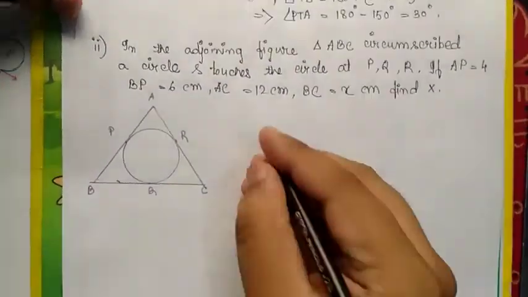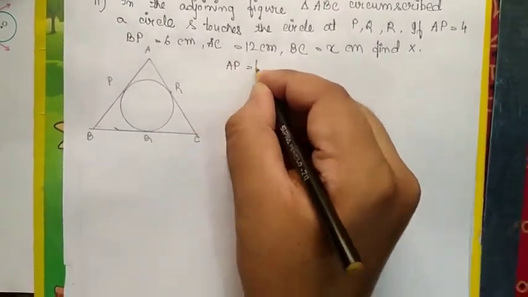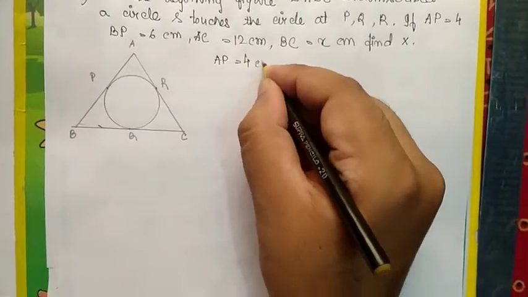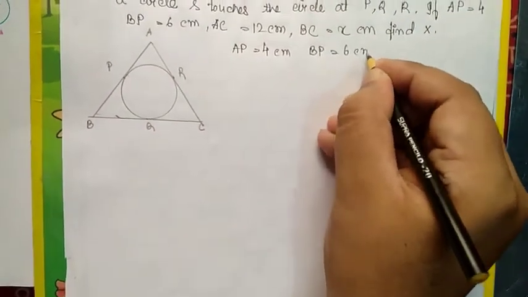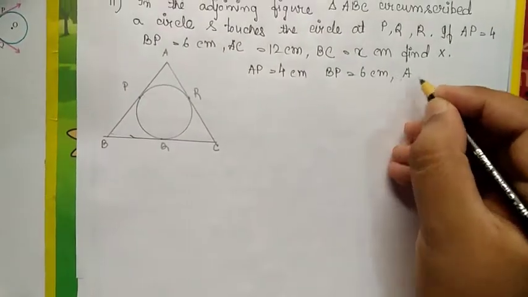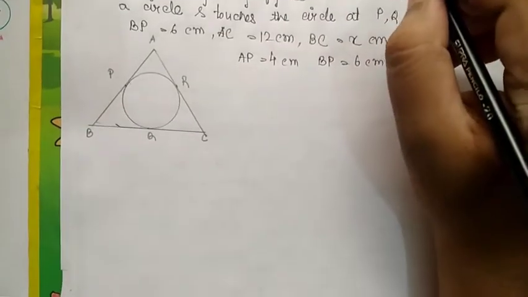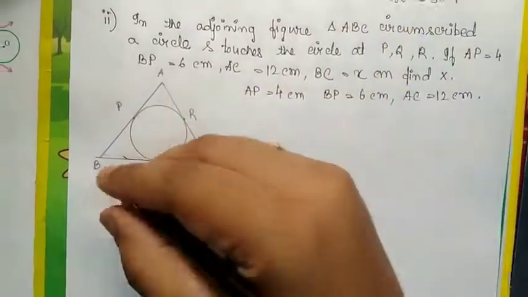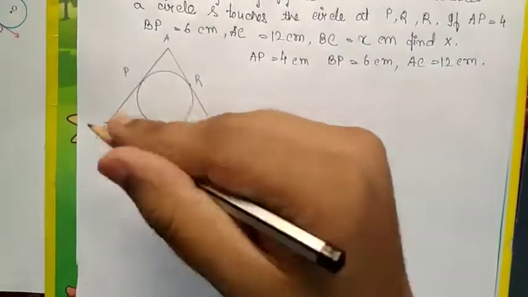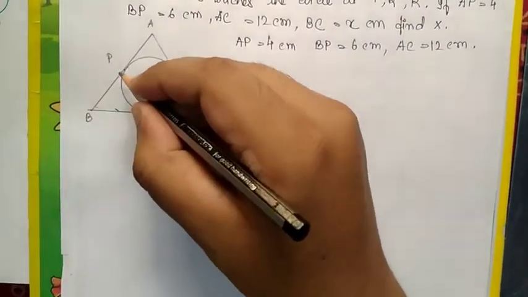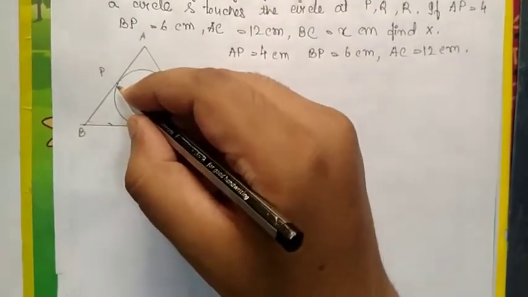So we know that AP equals 4 centimeters, BP equals 6 centimeters, and AC equals 12 centimeters. Previously in this chapter we learned that from any external point we can draw two tangents of equal length to the circle.